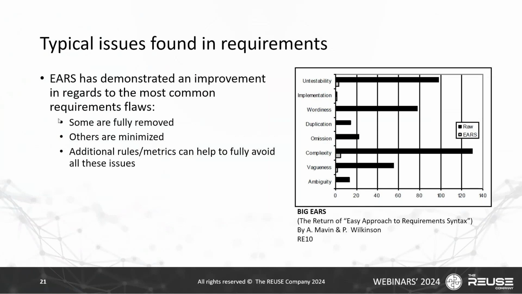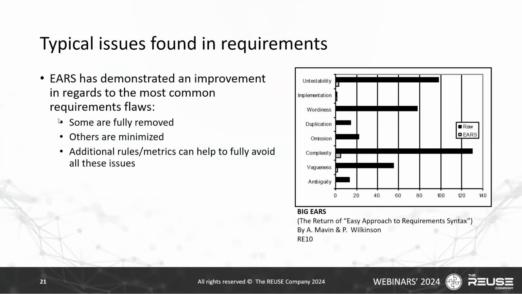So this is coming from the authors of EARS, where they have listed the most challenging topics when it comes to writing requirements, like untestability, implementation, wordiness, duplication, omission, complexity, vagueness, and ambiguity. The dark bar in this chart is representing how important these issues are when not using EARS, and the lighter bar, which in some cases is fully zero or fully removed, represents this problem when you are using the EARS approach.